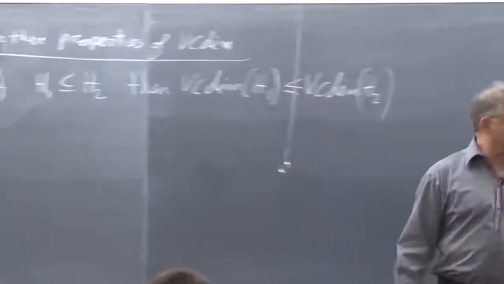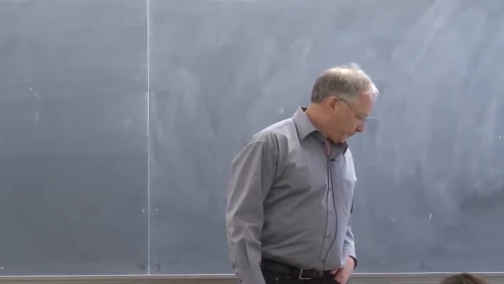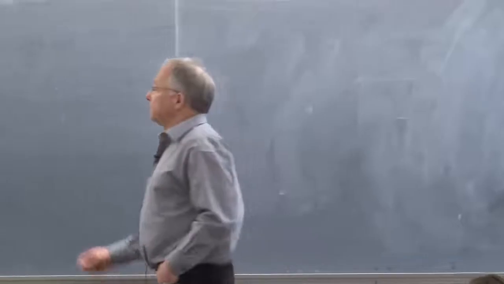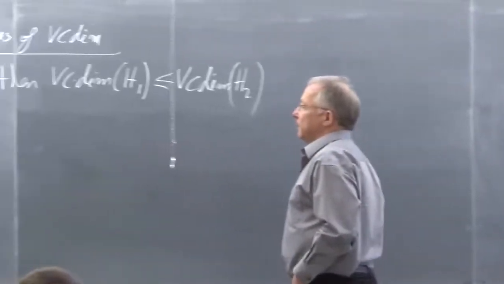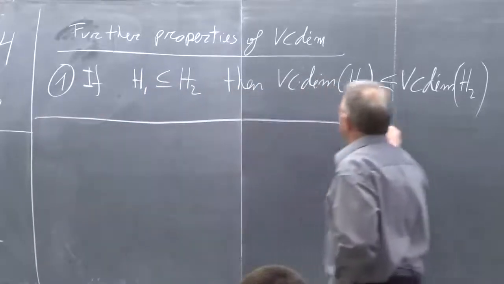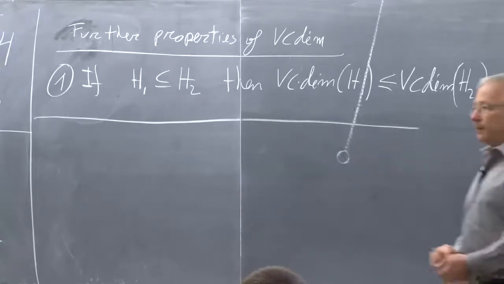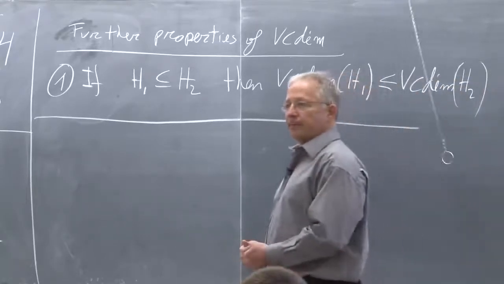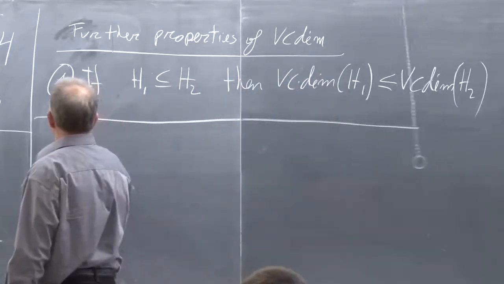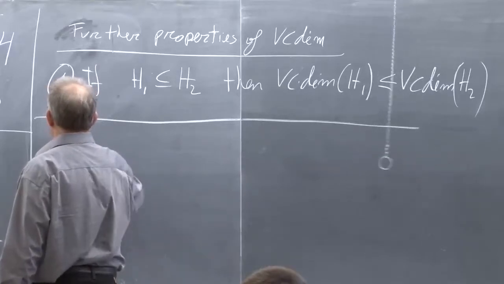I just wonder if there's any other important properties that I want to mention at this time. Okay, so the next important property is we want to start relating VC dimension to learning. And now the claim that I have is that, so here we have a first interesting, non-trivial lemma.